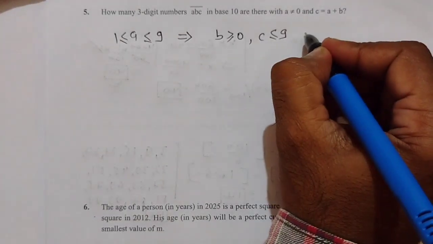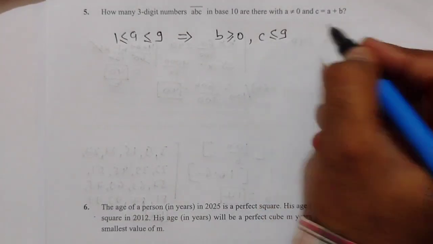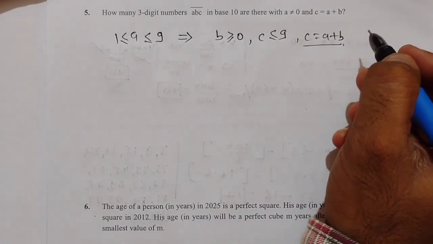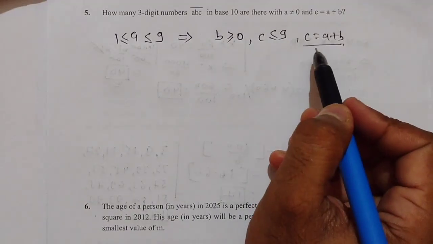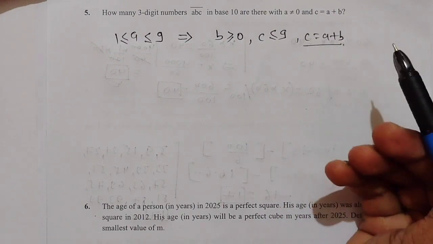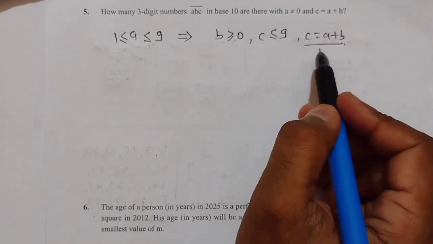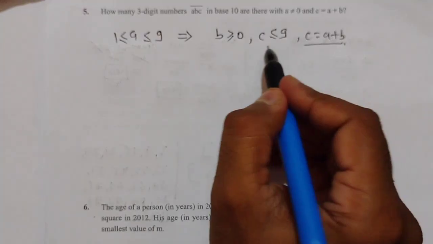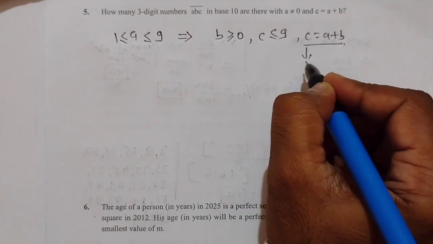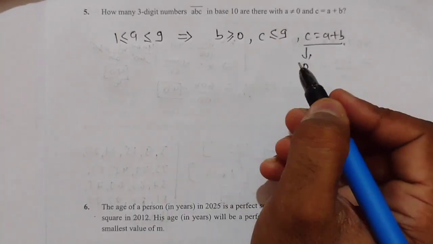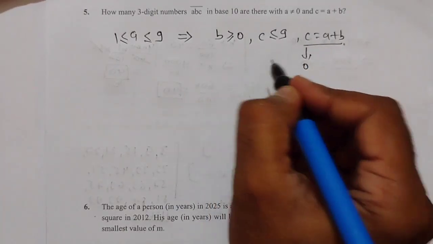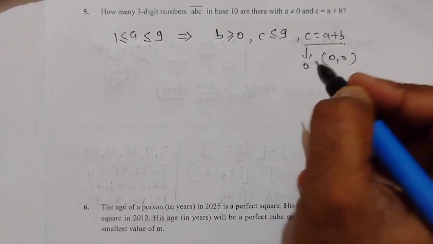So we have the values as C is equal to A plus B. So the possible values for C when A and B are integers. So in this case we can use C equal to 0, then we have A and B will be 0 and 0.